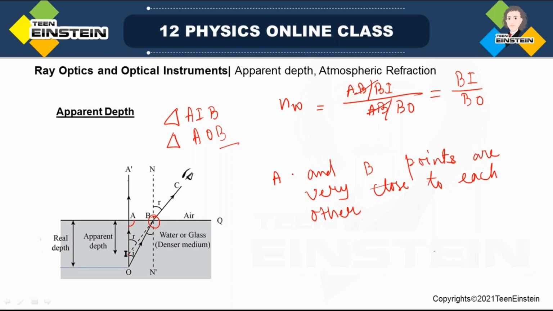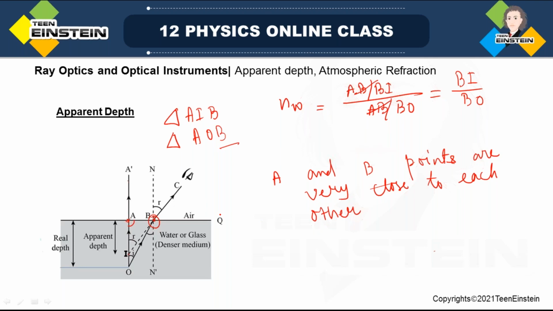So see, our eyeball is very small. If I want to see this phenomena of this apparent and real depth, etc., then both these refracted rays, A prime and B prime, have to be entering into our eyes, and that happens only when these two points, B and A, are very close.